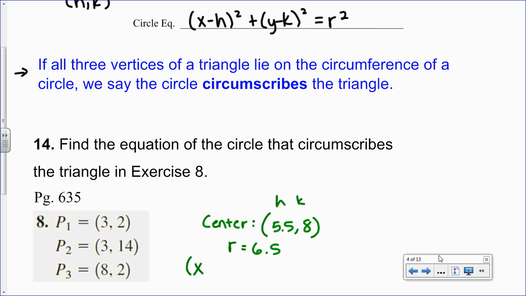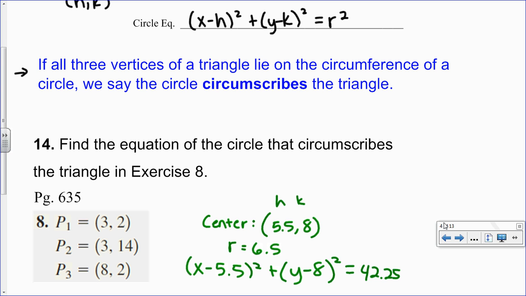So I have x minus 5.5 squared plus y minus 8 squared equals r squared. So you need to do 6.5 squared, which is 42.25. And there's my equation of the circle.